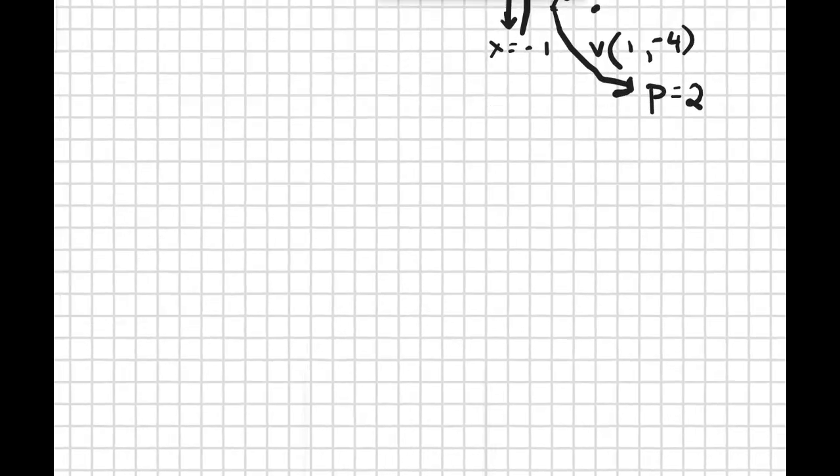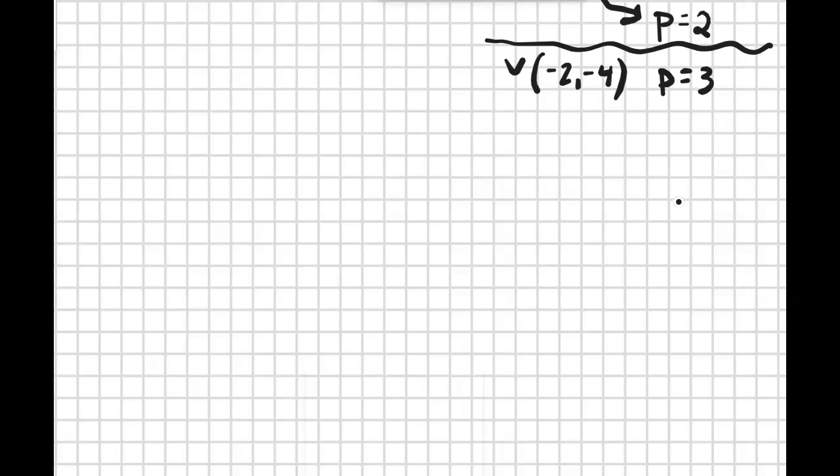So now we just established that our vertex was -2, -4. And we established that our p-value was 3.